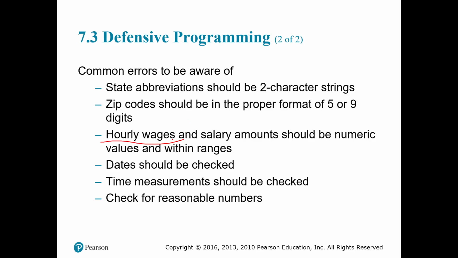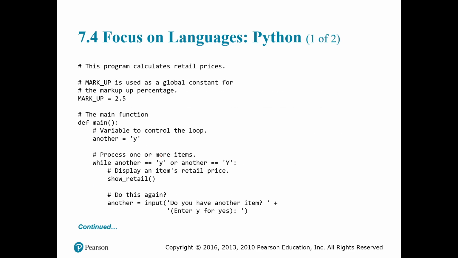Here's a little bit of an example with Python, and we have a program that calculates retail prices. We have our main function right here, the start of our code. Then we have a variable to control our loop, and then we have the process of adding one or more items.